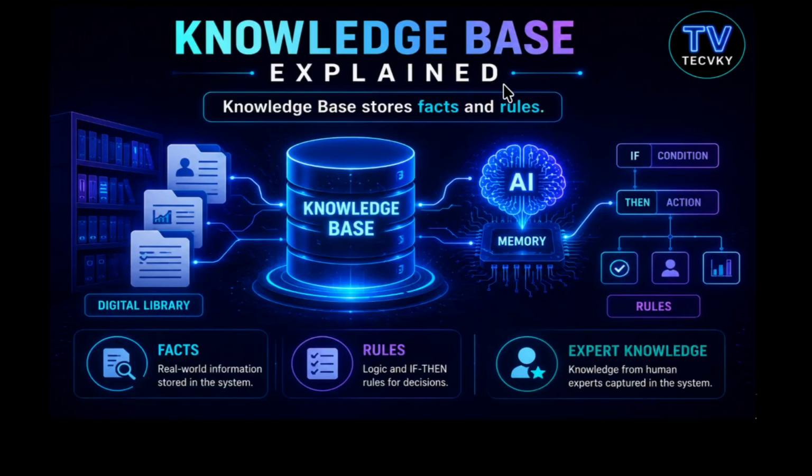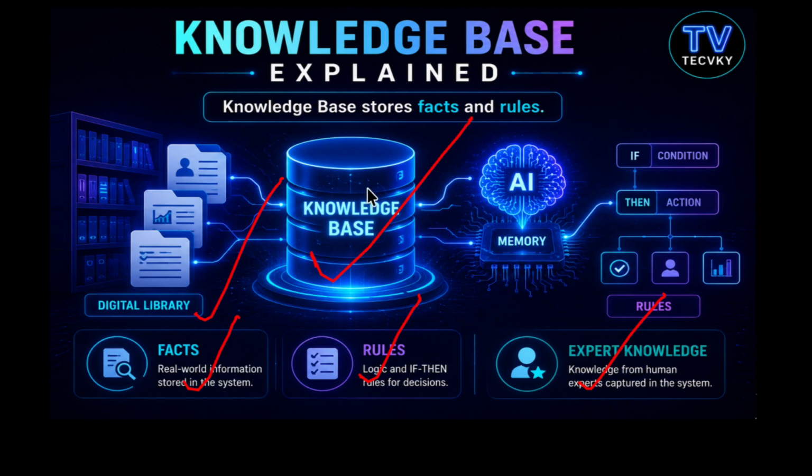In an expert system, the knowledge base is very important. So let's see again. The knowledge base acts like a digital library of expertise. It contains facts, rules, and expert knowledge collected from specialists. The quality of the expert system depends heavily on the quality of its knowledge base.